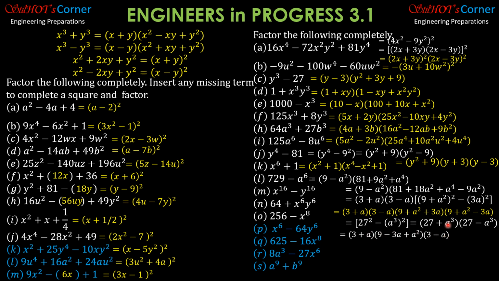If you notice, these factors are similar to that. So therefore, we copy this answer. So (3 + a)(3 − a)(9 + a² + 3a)(9 + a² − 3a). So for part m, since we run out of space, let's have that on the next slide.